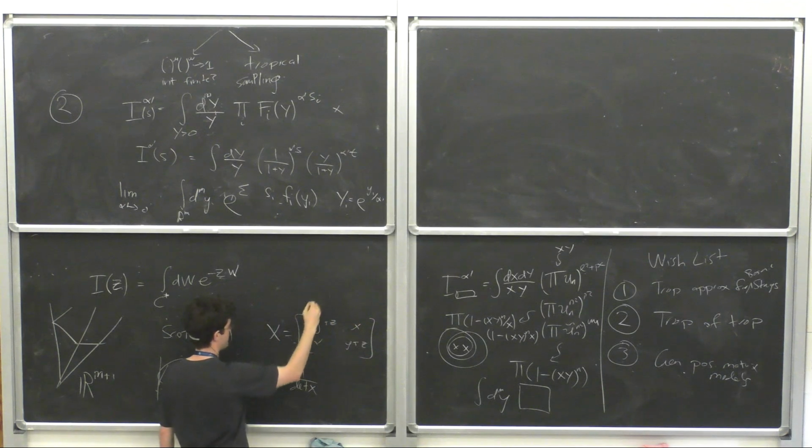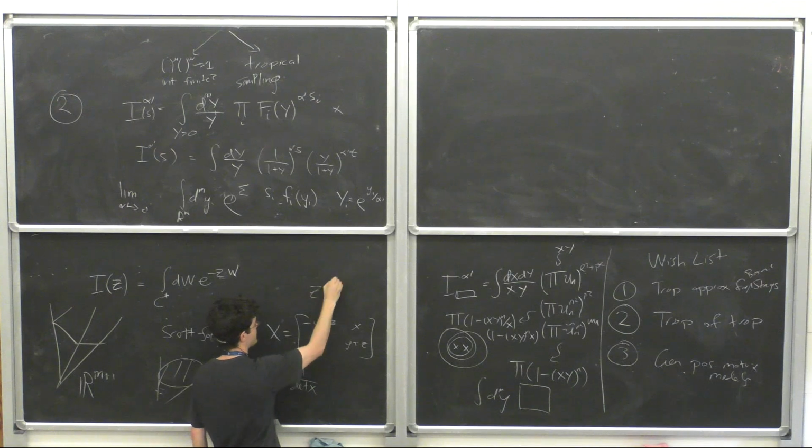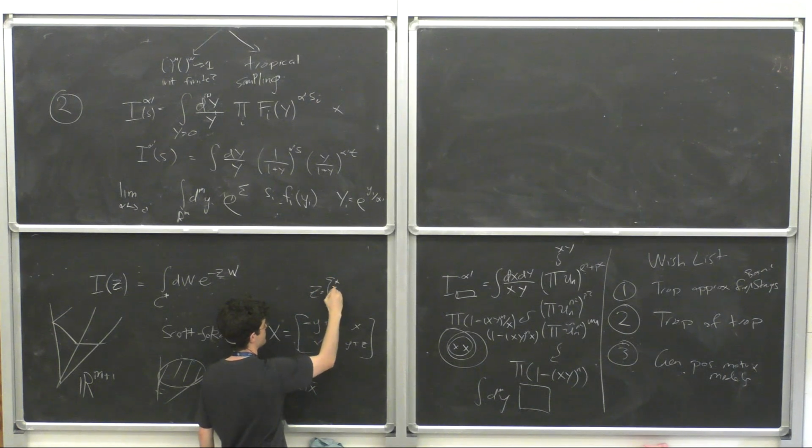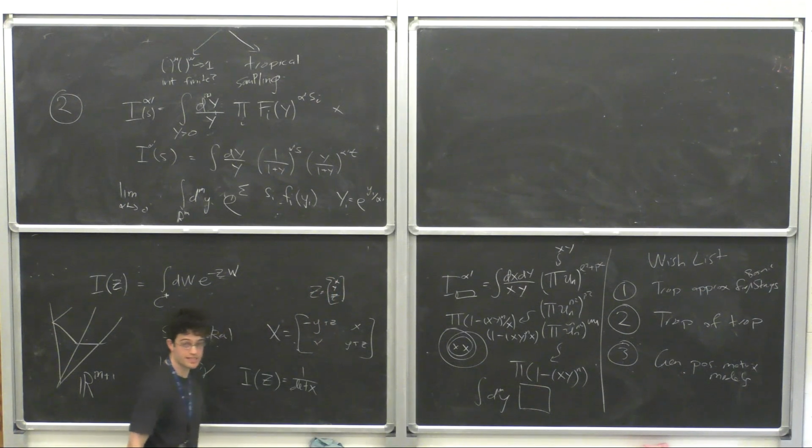This is positive definite inside the circle where z has homogeneous coordinates.